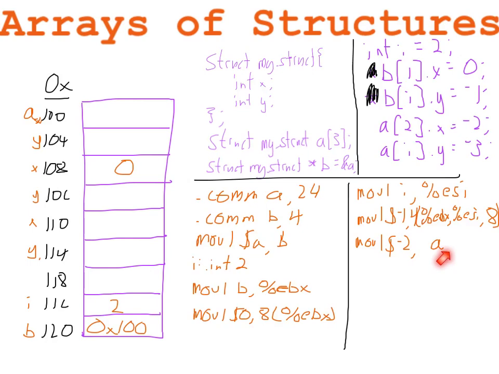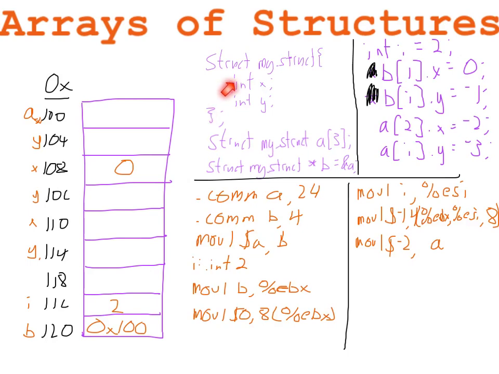So how many bytes do we need to increment in order to get to A of position 2? Well, to answer that, we need to know not only what position we want to go to, but also the size of each element at each position. And this is an array of structures, so the size of each element is defined up here within the definition of the structure.